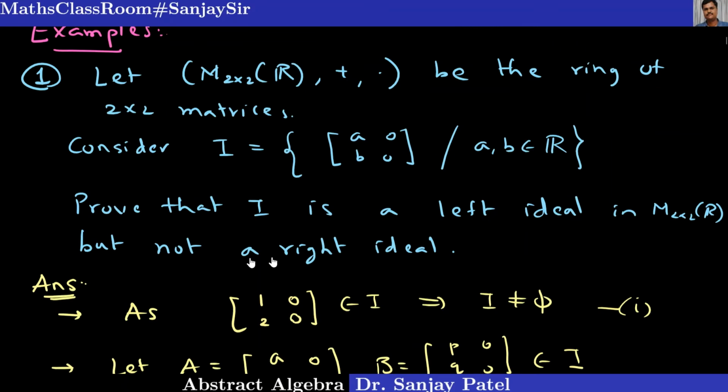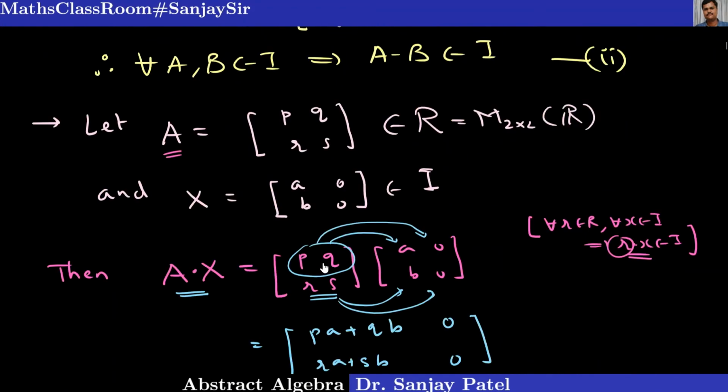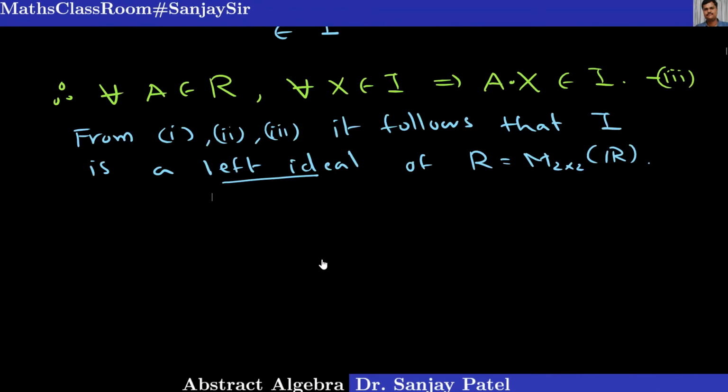You can see here, prove that I is the left ideal in the ring R, that is M2 cross 2 of R, but it is not a right ideal. So let us concentrate on how to prove it is not a right ideal. What is the condition for right ideal? Let us recall that condition.